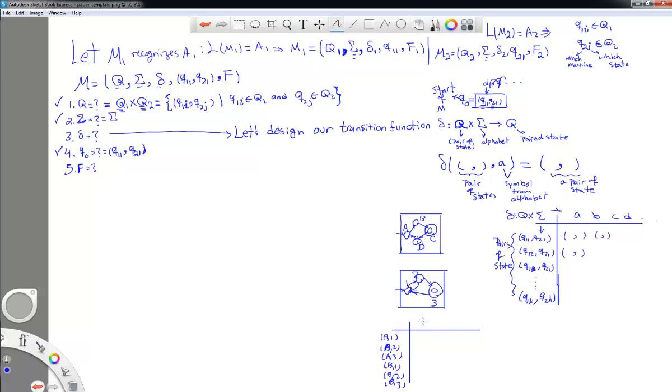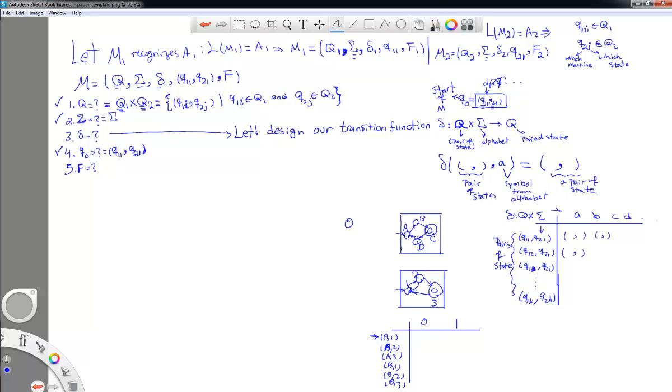And then let's say my symbols were 0 and 1. So what would I do if 0 comes in and I'm in A1?